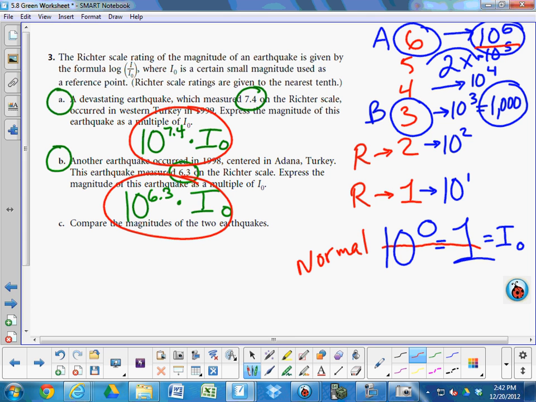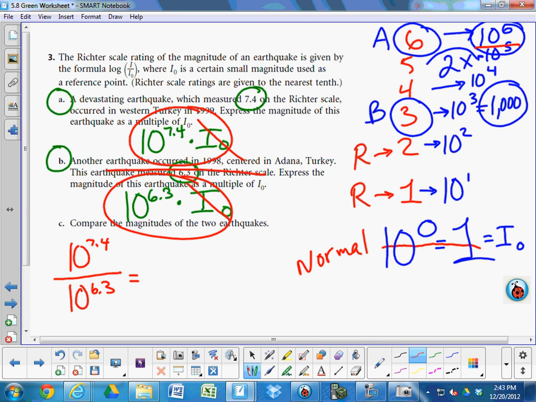You're going to take 10 to the 7.4 divided by 10 to the 6.3. I left out the I sub 0 because you said it's just 1. It's close to 1. Regardless of what it is, what happens when you divide? They cancel out, okay? No matter what that number is.